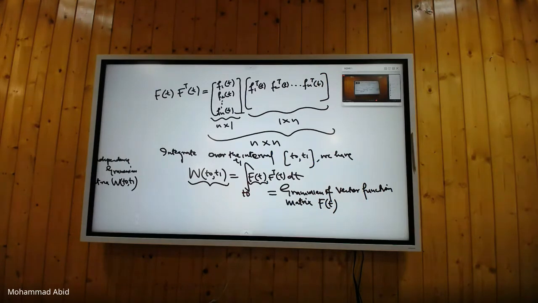The necessary and sufficient condition for the system defined by x dot is equal to Ax plus Bu to be controllable is given by any of the following conditions. The first condition was that the controllability Gramian is nonsingular, and the second condition was that the controllability matrix we defined, B, AB, A squared B up to A to the power n minus 1 B, is a full rank matrix.